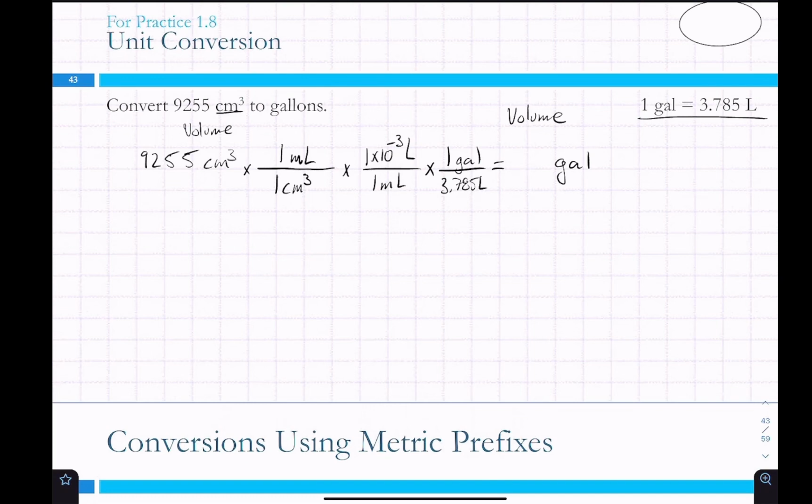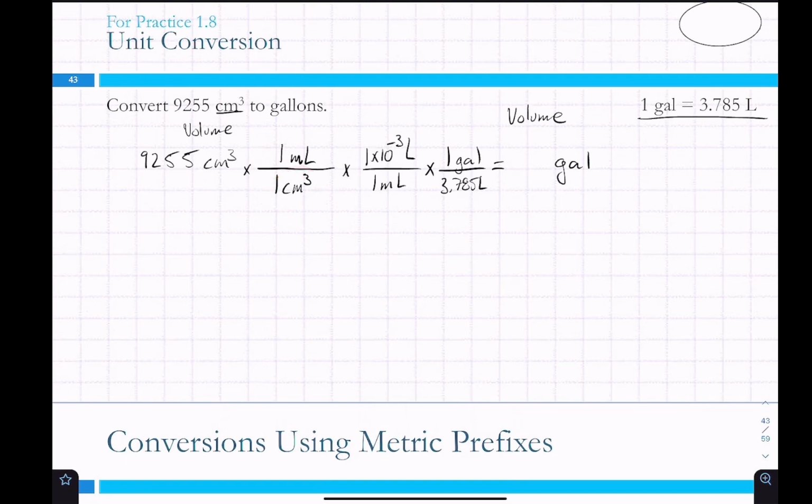Now pay attention to this fact that we didn't need, like when we talk later in the lecture about those units to a power, converting those centimeters cubed to milliliters, we don't need to cube anything when we're doing the conversion because this is already a unit of volume, and it's a derived unit of volume.